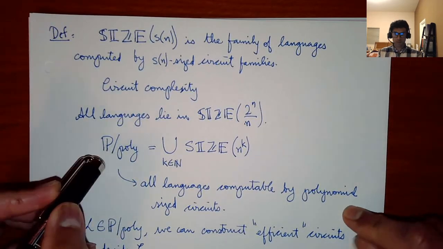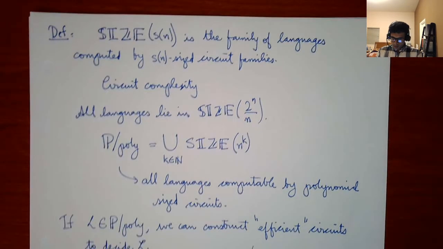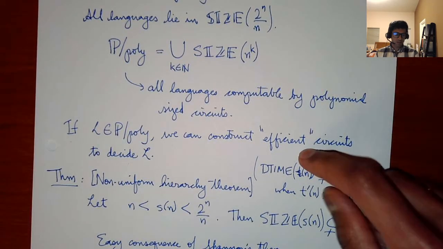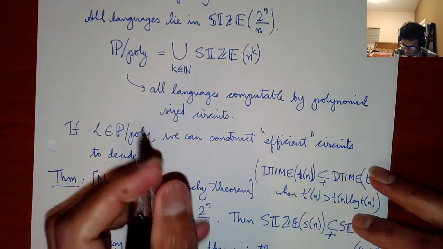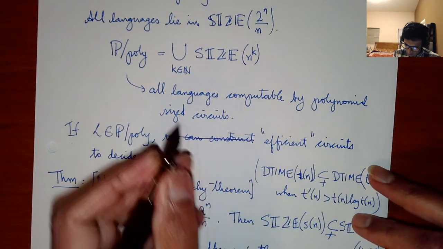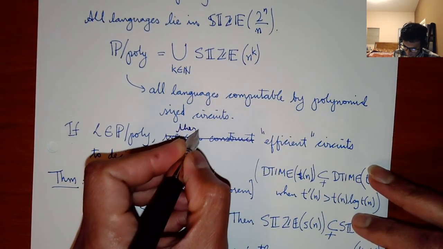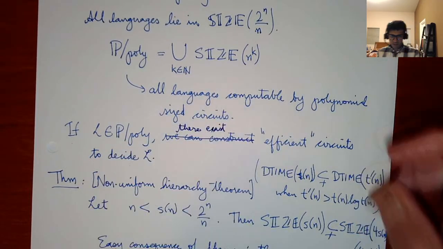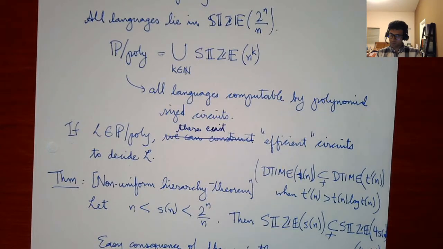So what this means is that if L is in P slash poly, there exist circuits. Because it doesn't really tell you how you can construct them. It says that they exist.